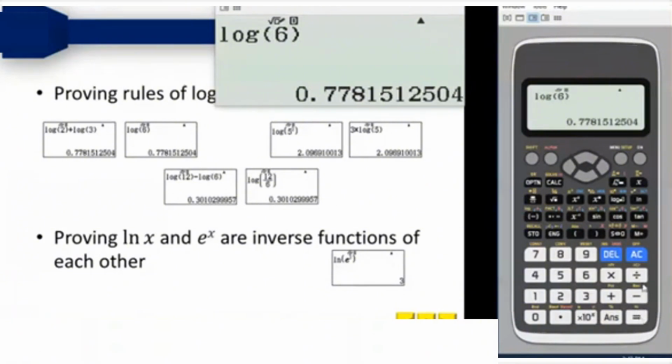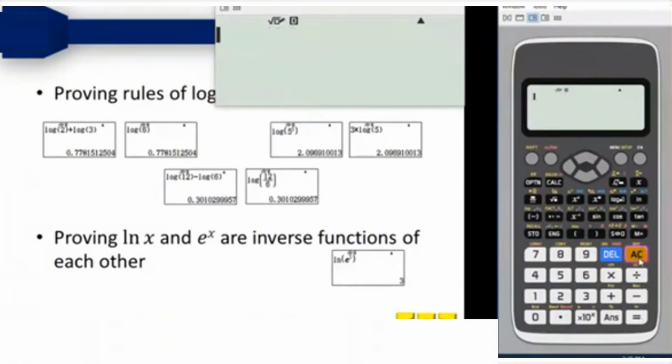Agreed? Alright, these are the places where the log function is found. Number 1, if you want to write log without any base or power, you will press shift and this button, and the log in yellow will be considered. This is log without any base or power, which is log to the base of 10, also called LG.